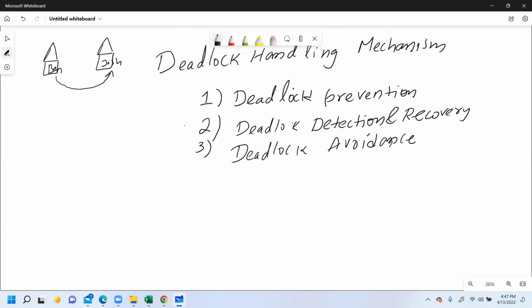I'm not teaching a course on real-time operating systems. I'm teaching a course on general purpose operating systems, which is your Windows, your Linux, Android phone, or whatever it is. So among these strategies, which strategy are current systems following? Whether it's deadlock prevention, deadlock detection, or deadlock avoidance, which one is it doing?